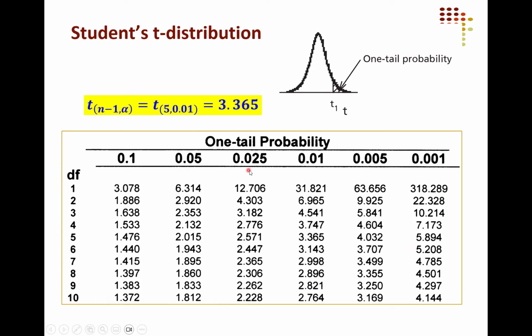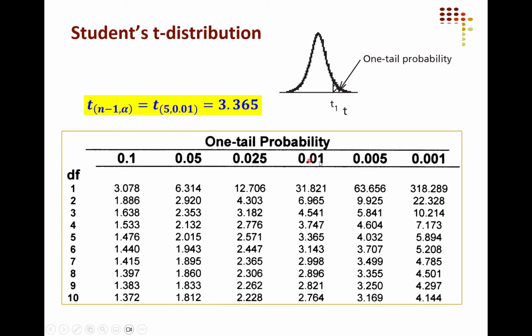Like if I consider a value of T5, so at 5 degrees of freedom and at 1% level of significance in the upper tail. So what's going to be the abscissa? Let's consider I have to look for the value at 5 degrees of freedom and 1% probability.